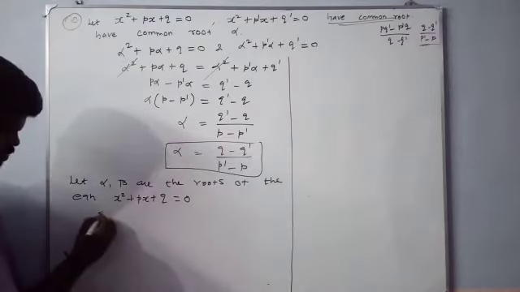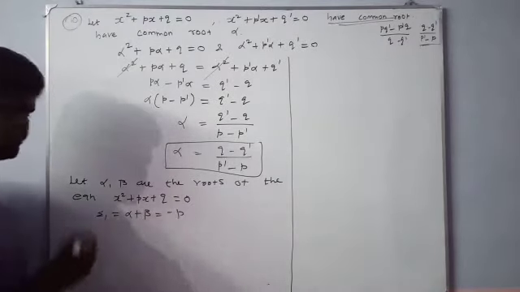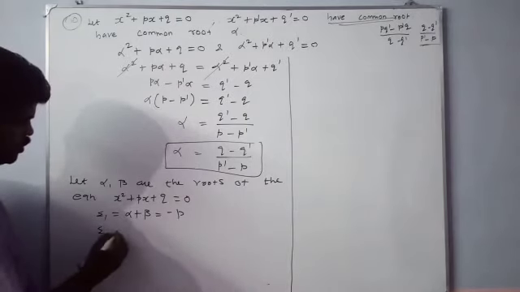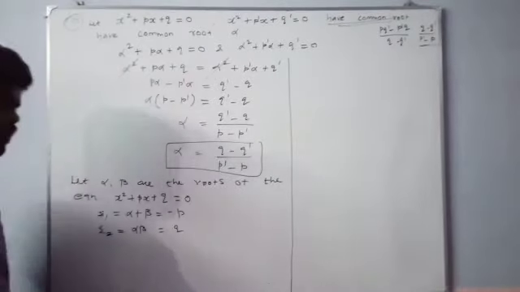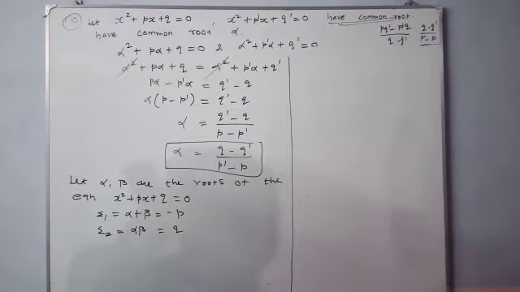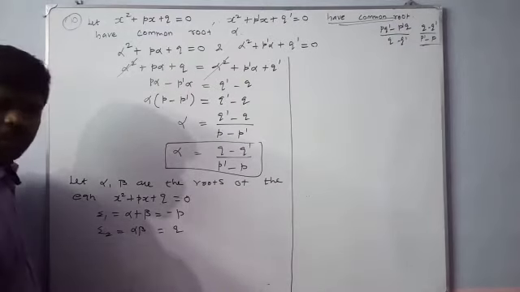Now sum of the roots, summation 1 is equal to alpha plus beta equal to minus p. Summation 2 is equal to alpha beta is equal to plus q. Okay, right. Now, this is the term, alpha beta equal to q.